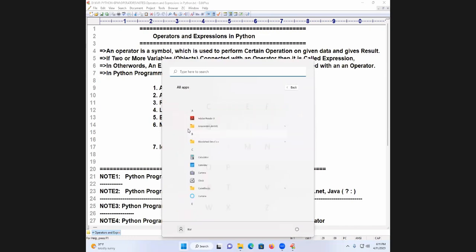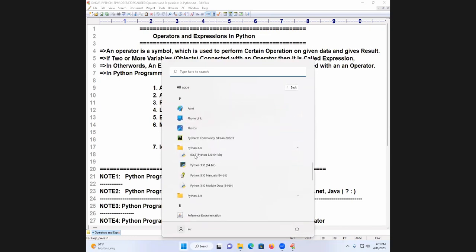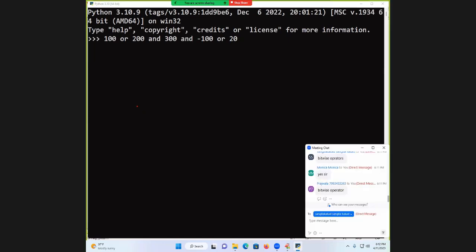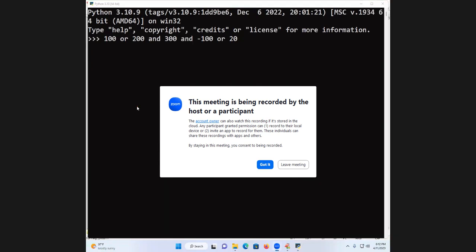Go to the command prompt. Observe now. What is the answer now? Try to look at this in progress.